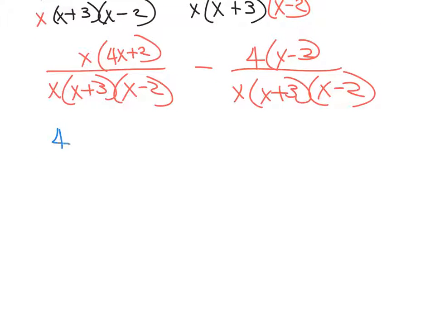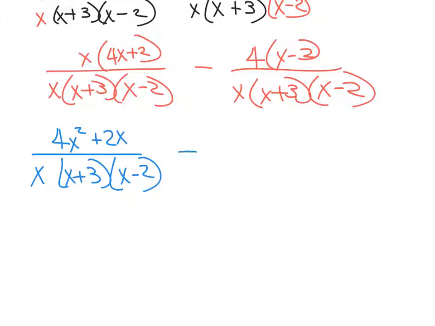So x times 4x is 4x squared plus 2 times x. Okay, so I distributed that.